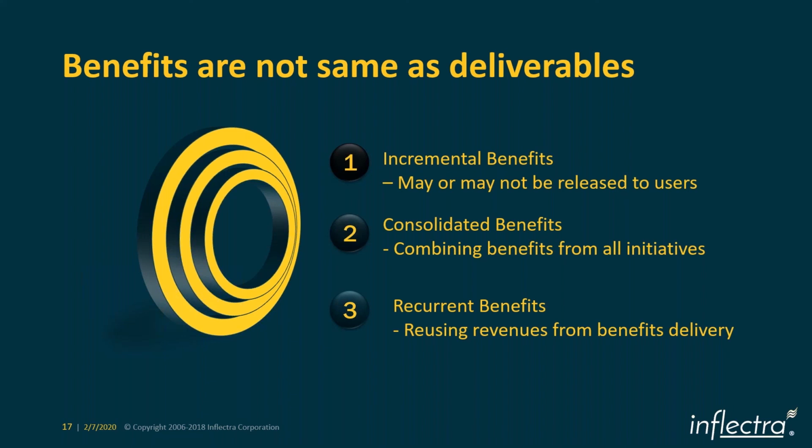If that's the case, then you have to have a plan for when you are going to release the functionality, what the gap is before the revenues come in, how you will justify what the revenues are, and then reuse those revenues for ongoing product and program development. These are all things you have to keep in mind as you look at whatever delivery framework you choose, whether it's Agile, Scrum, program management, project management, Prince2, or whatever it is.